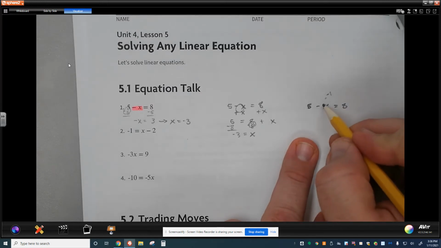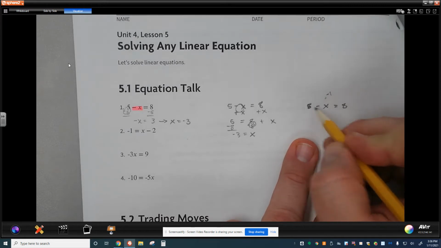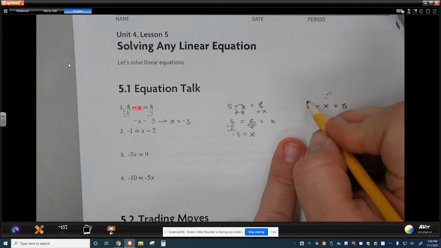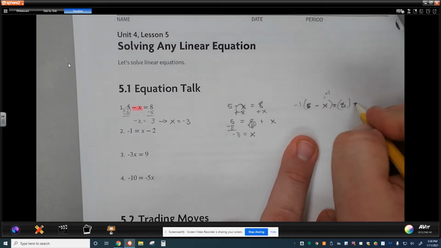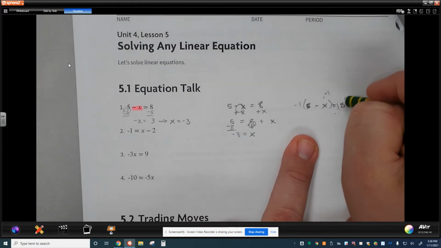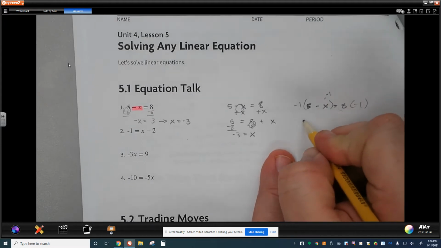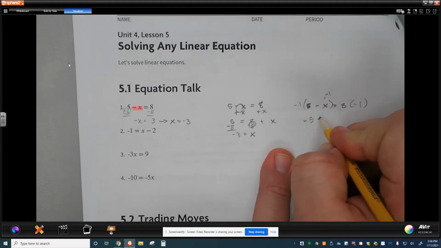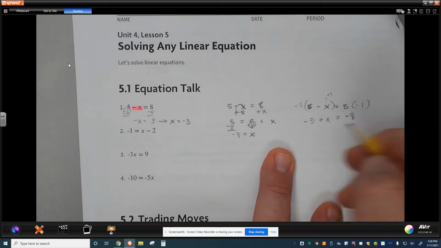But if I'm going to multiply this term by negative 1, I have to multiply this term by negative 1 and this term by negative 1. So the entire equation, both expressions, would get multiplied by negative 1. And what that would do is give me a minus 5 plus x is equal to a minus 8.